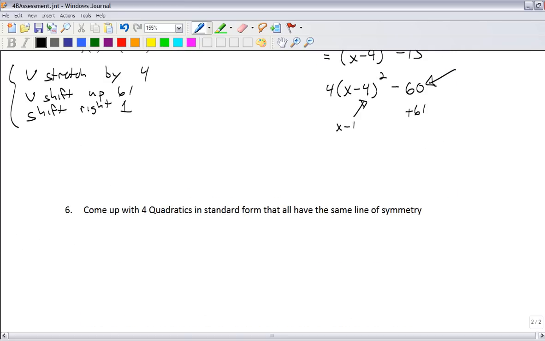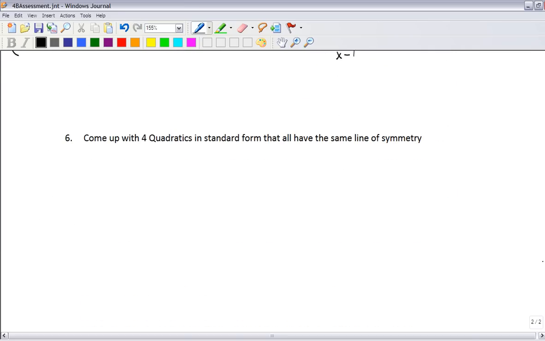6, I really like 6. 4 quadratics in standard form that all have the same line of symmetry. Doesn't mean you have to only write them in standard form. So I'm going to come up with 4 quadratics in vertex form that have the same line of symmetry. Okay, so if you have the same line of symmetry, you have the same x of the vertex.